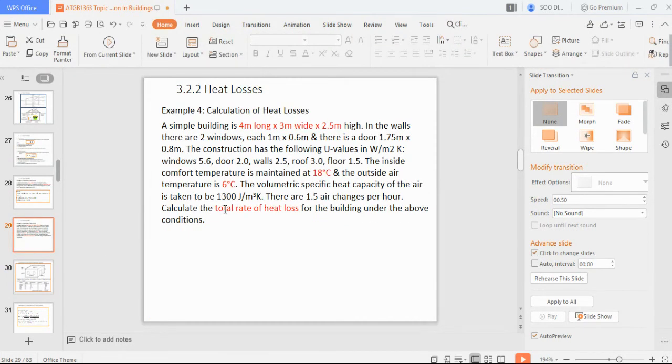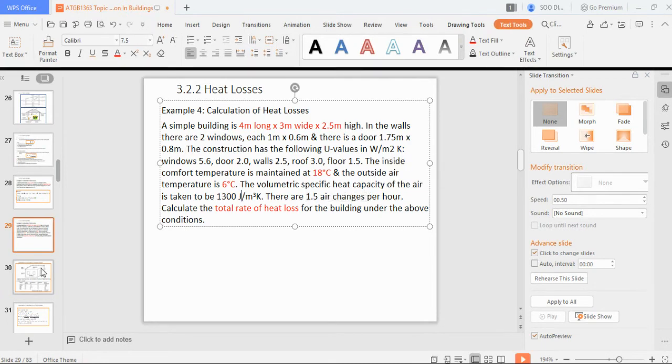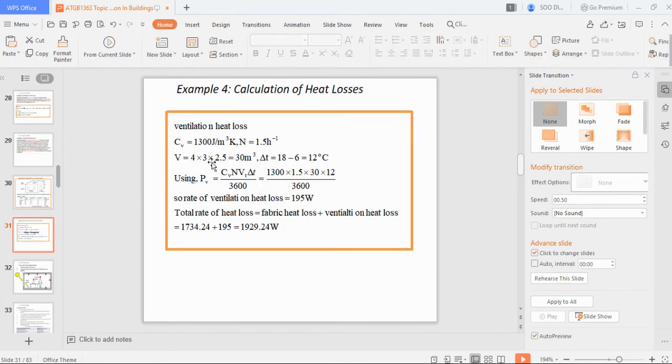Okay, because the question is asking for the total rate of heat loss, you also need to find out what is the ventilation loss due to air change. So next, you have to use the formula, which is this. The C multiplied by the number of air change multiplied by the volume and the changes of the temperature.